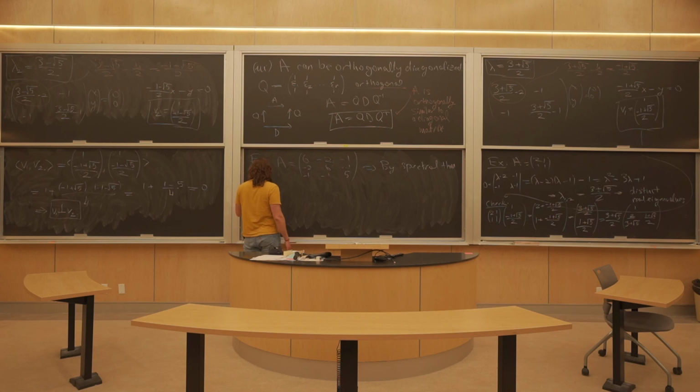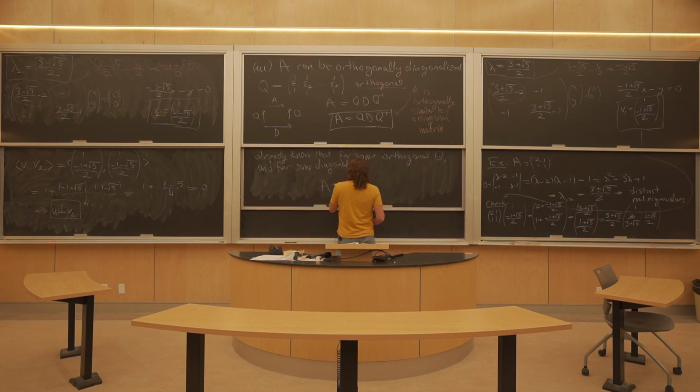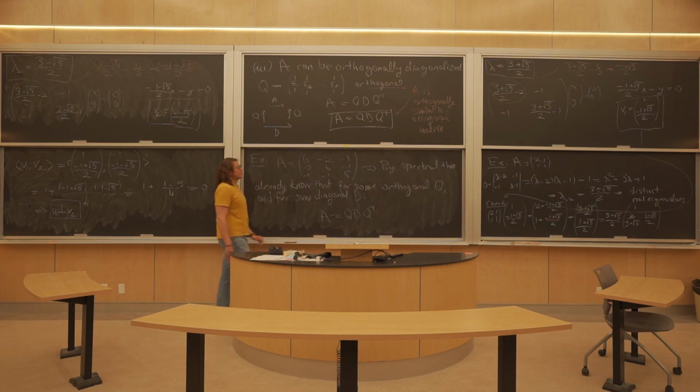By the spectral theorem, I already know that for some orthogonal matrix Q, and for some diagonal D, A equals Q D Q transpose, the columns of Q are going to be the eigenbasis vectors, and the entries of the diagonal are going to be the eigenvalues.